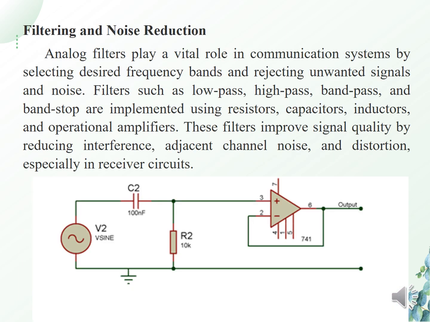Analog filters play a vital role in communication systems for selecting a desired frequency band. At any receiver, we need to tune to the frequency that was used at the transmitter. For this tuning purpose, filters are used, and they are built in with noise reduction techniques to suppress the noise.